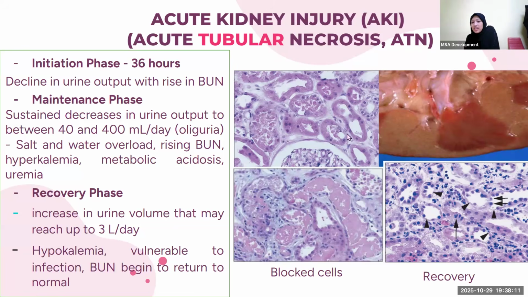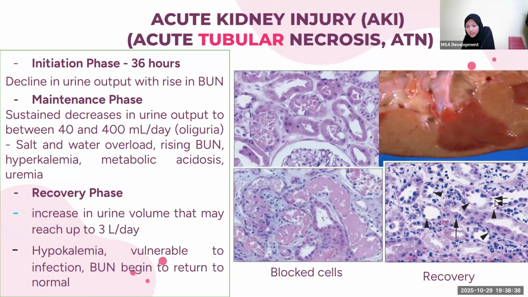In histology, you would see blocked tubules. See here, blocked, because of the shedding of the cells from the tubules, death of cells, apoptosis, and all that. There would be blockage of the cells, forming casts, and in the urine itself. Now, the last thing that you see here in this picture is signs of recovery, because they are regenerating.